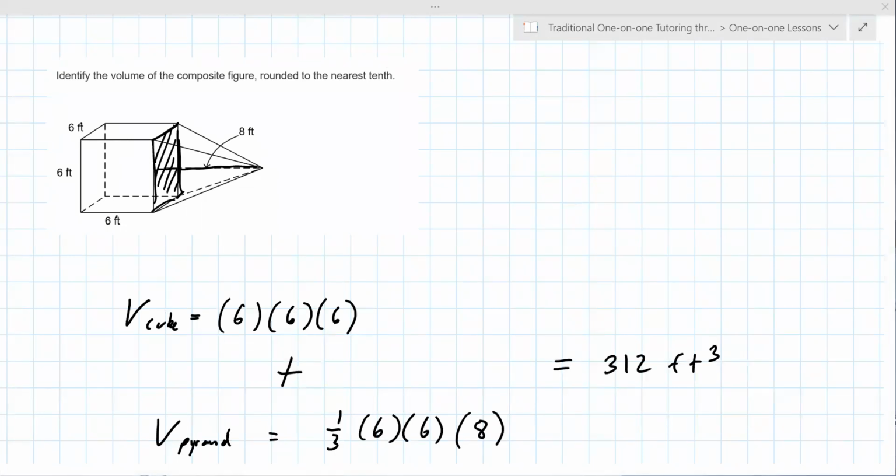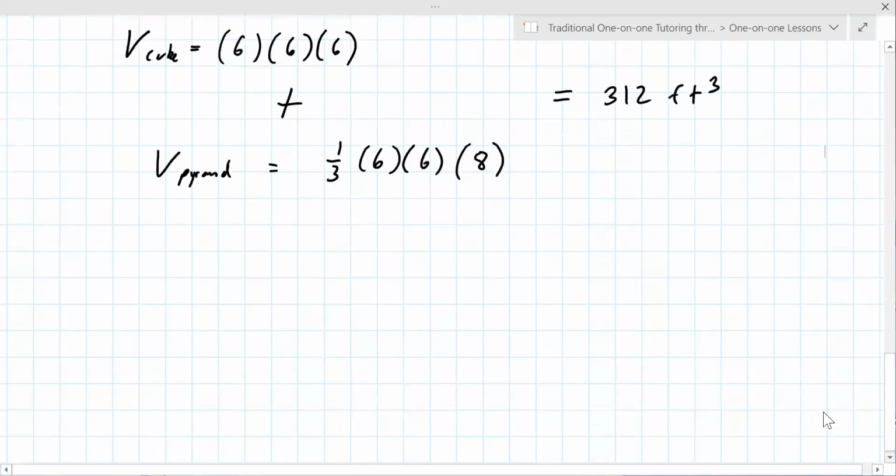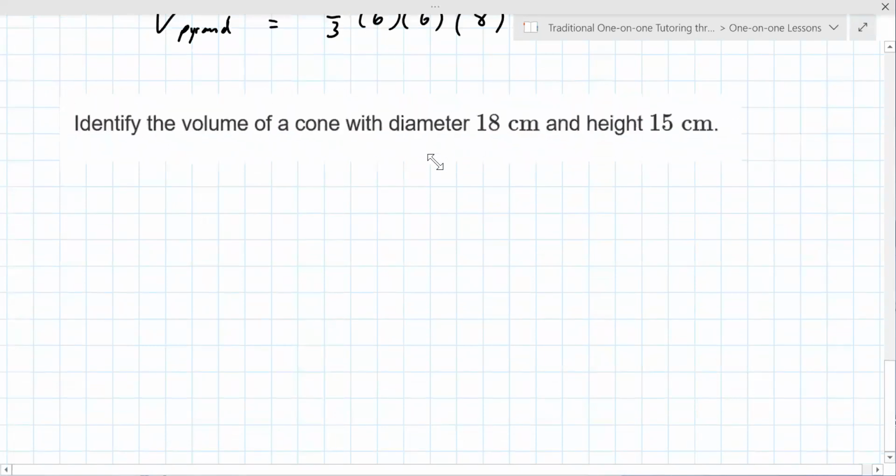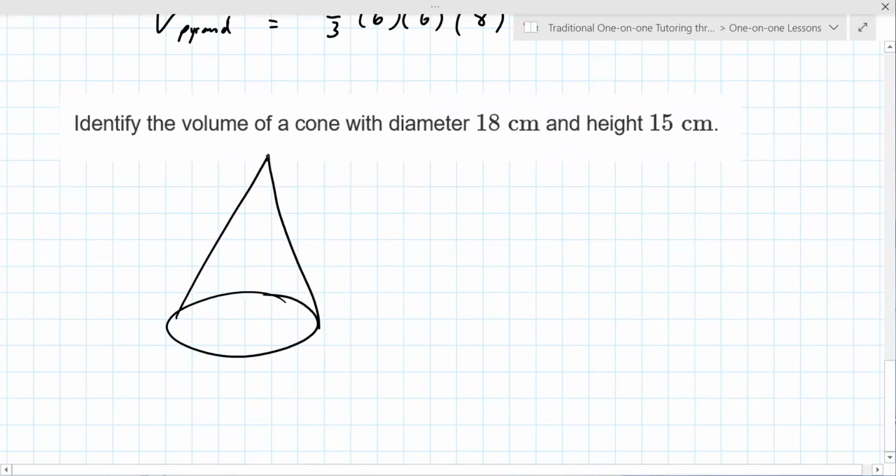So the next two are cones. Like the party hat, or the golf courses, they give you a cone as a drinking cup next to a water cooler. So the cone looks like this. The height is 15.